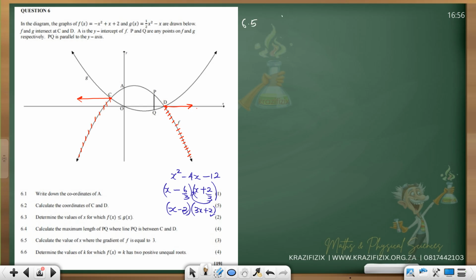But let's see. It says, calculate the value of x where the gradient is 3. You know, in calculus, the first derivative is the gradient. That's the easiest way. The first derivative. So let's derive. I hope we still remember. It's going to be negative 2x plus 1. Do we still remember how to derive?